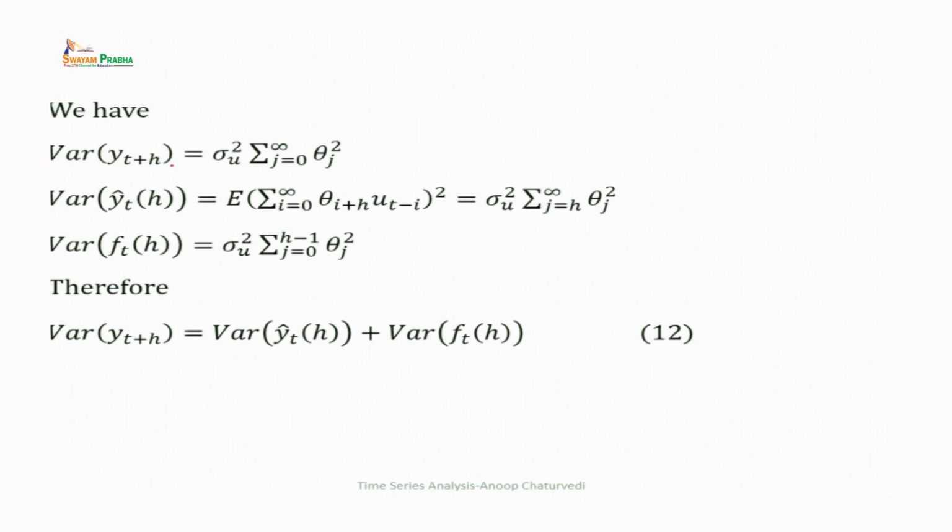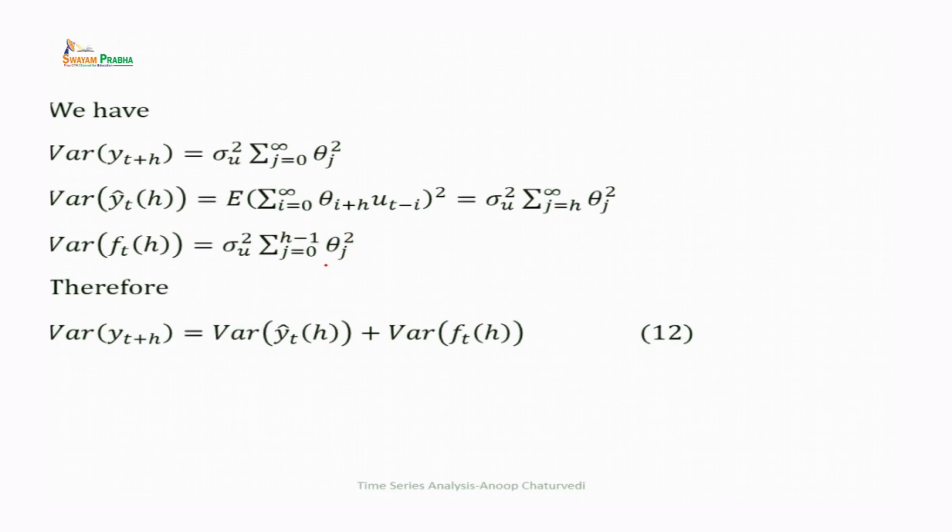So, variance of y hat_t(h) we have already derived, this is equal to sigma square u summation j equal to h to infinity theta_j square, and variance of f_t(h) is equal to sigma square u summation j equal to 0 to h minus 1 theta_j square.